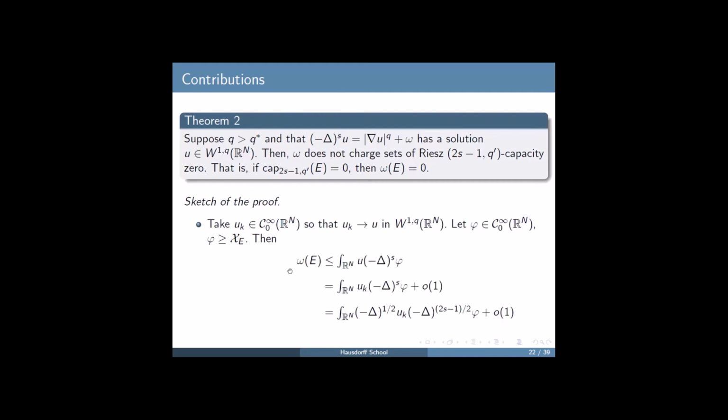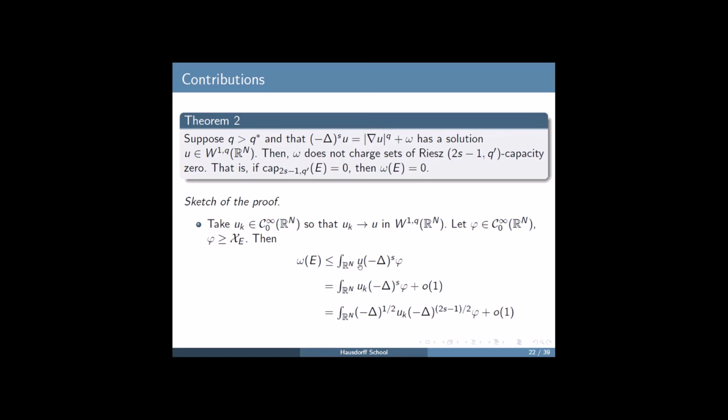So then the measure of the set E, we want to prove that this is 0 if the capacity of the set is also 0. So this measure can be controlled by this part of the equation, because if you test here with the function phi, you can delete this term because this term will be negative.